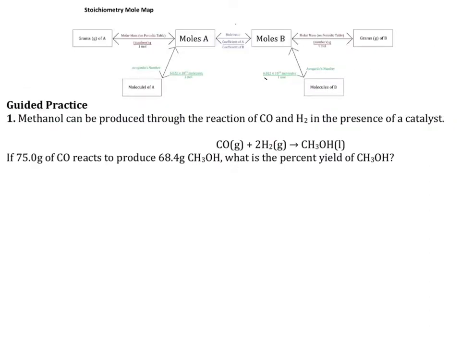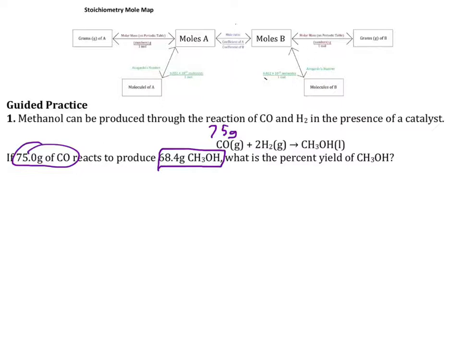When you're looking at a problem like this, it says methanol can be produced through the reaction of carbon monoxide and hydrogen gas in the presence of a catalyst. And so here is the chemical reaction. What it's saying is, 75 grams of this are reacted, and what ends up happening is that it produces this many grams of methanol.